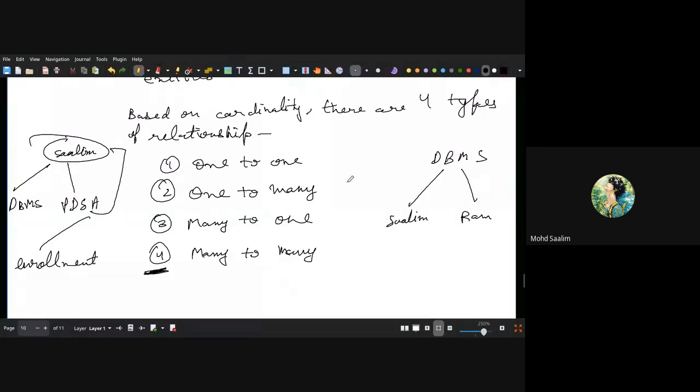Whenever you are designing the database, you should ask this question both ways. When you are defining a relationship, you should think from both sides and ask yourself, is it logical or not? And if it is logical, then of course you will allow it.